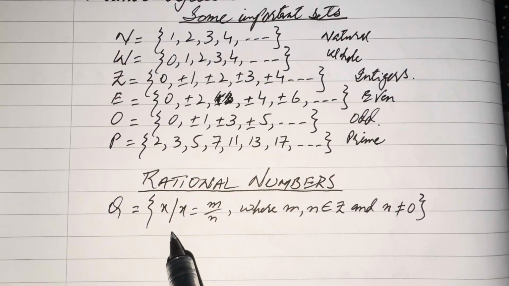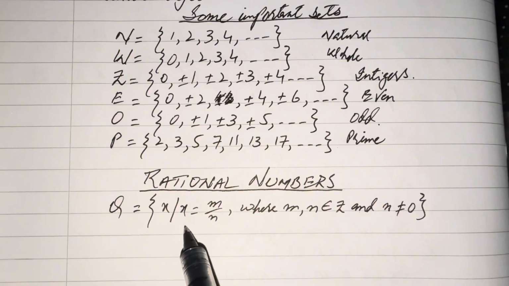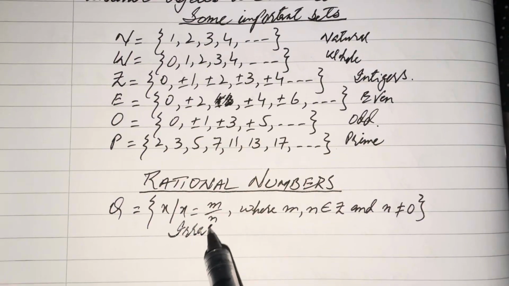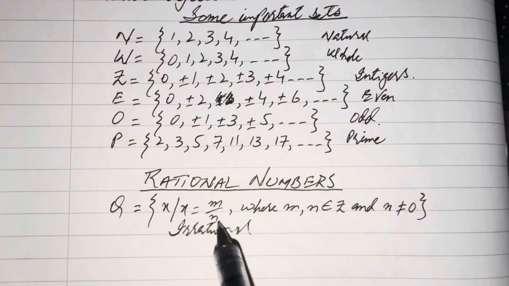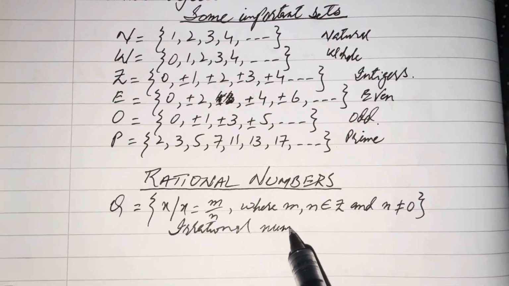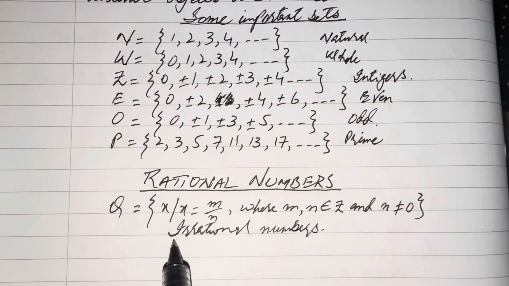Similarly, there is one type of numbers which are called irrational numbers.